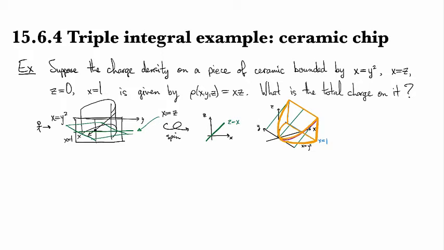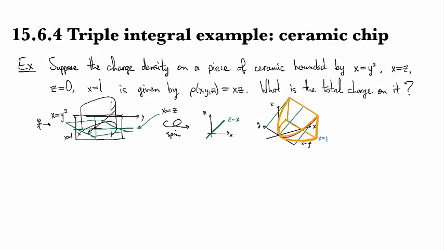And so we can imagine, what would this look like if we projected it in different directions? I'm starting to think about how I would take this object and set it up for integration in one direction, with one variable first or another. So let's take away all those bits and pieces there. Okay.